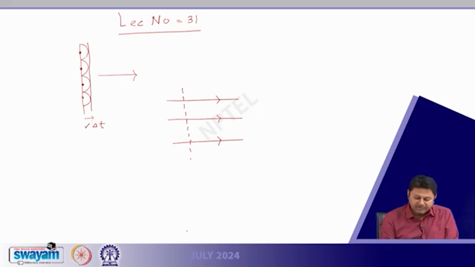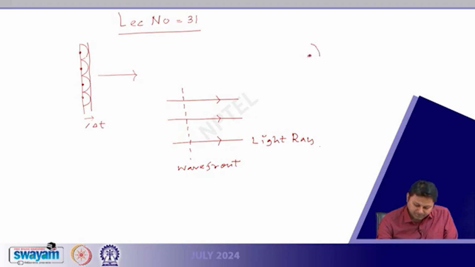Assuming that the source is present at infinity, this wavefront is perpendicular to the direction of the light. So this is the wavefront, and this is the light ray. It starts from a point, and this is the way the wavefronts emerge and propagate.